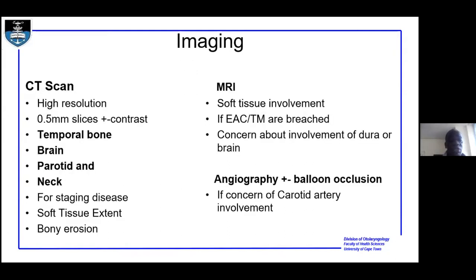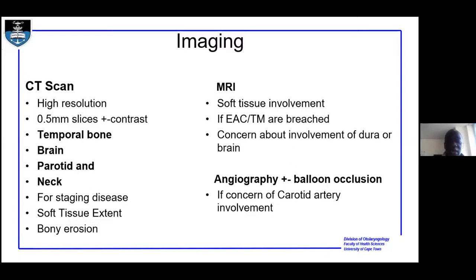Imaging, you can do a CT scan and MRI. A CT scan is to be high resolution with about 0.5 millimeter slices with or without contrast. One has to show the temporal bone, the brain, the parotid, and the neck. And this is essential for staging of the disease and for the soft tissue extent, and to find out if there's any bony erosion.